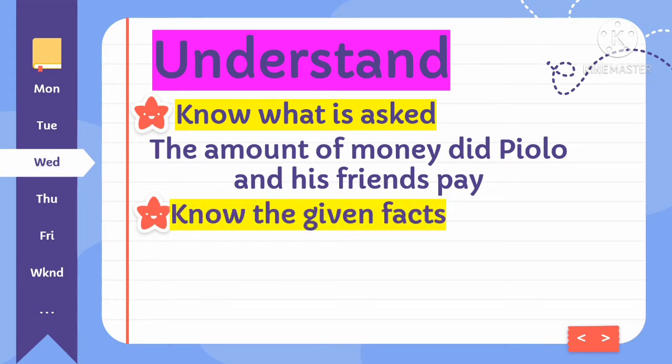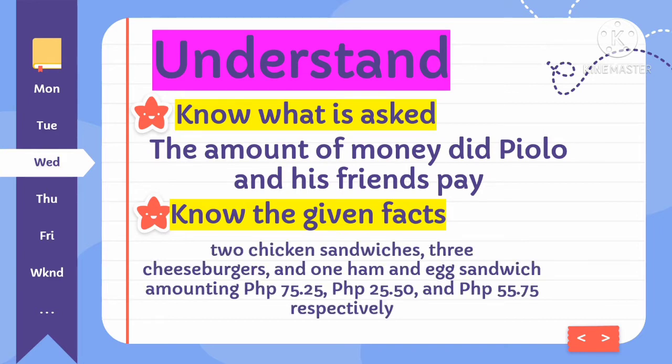Umorder sila ng 2 chicken sandwiches, 3 cheeseburgers, and 1 ham and egg sandwich amounting 75 pesos and 25 centavos, 25 pesos and 50 centavos, and 55 pesos and 75 centavos respectively.